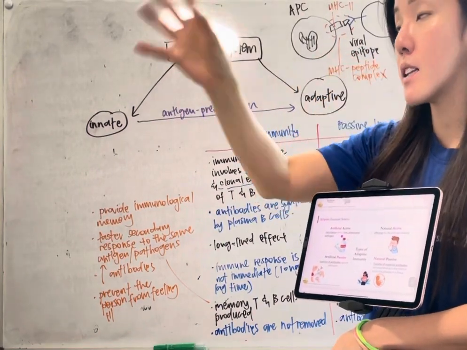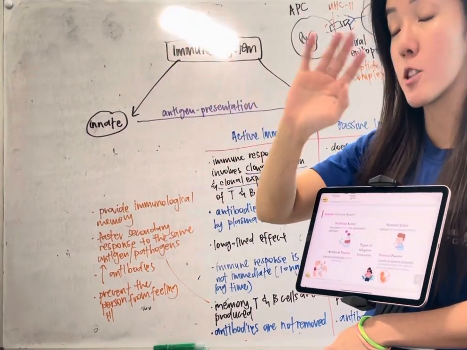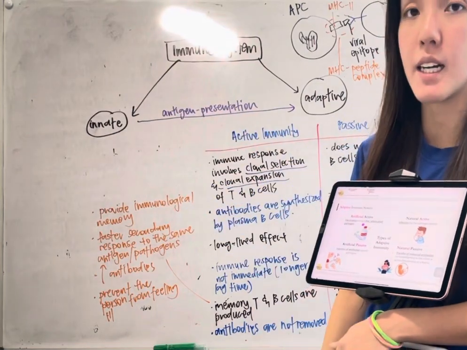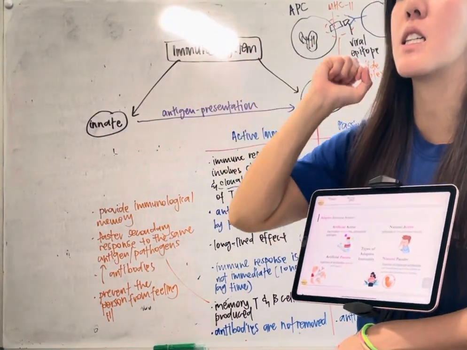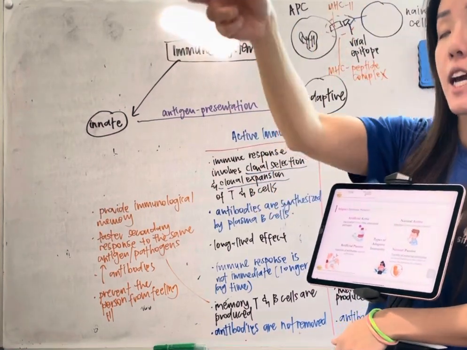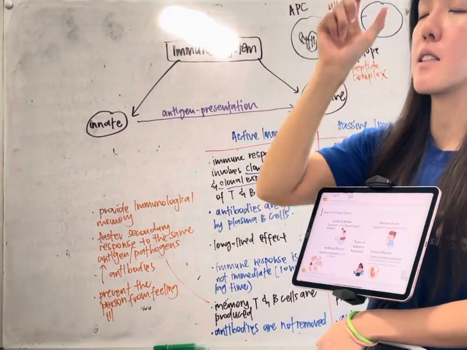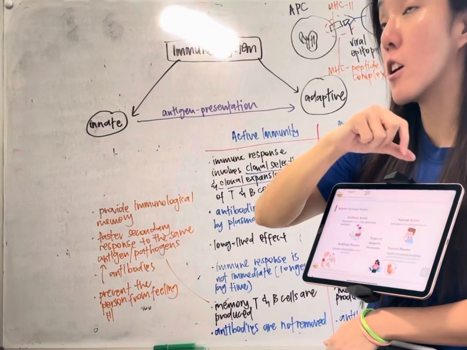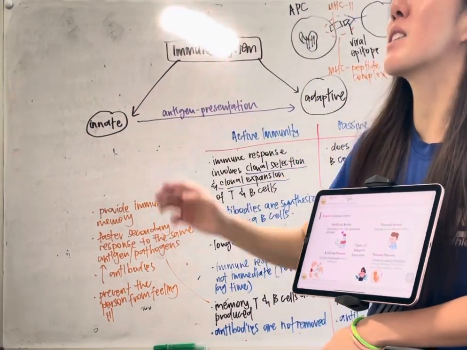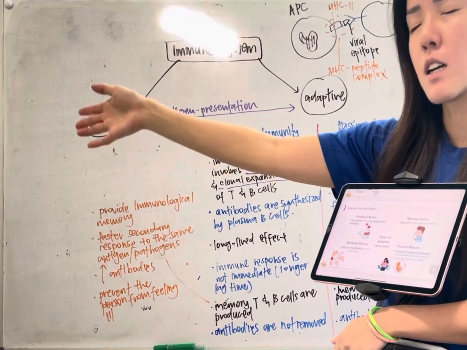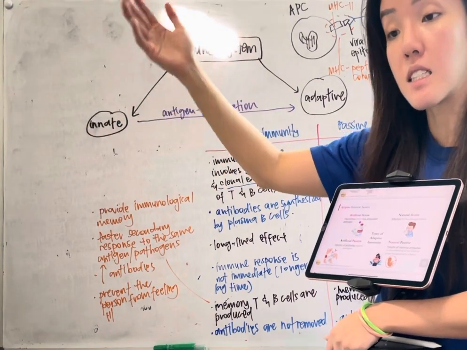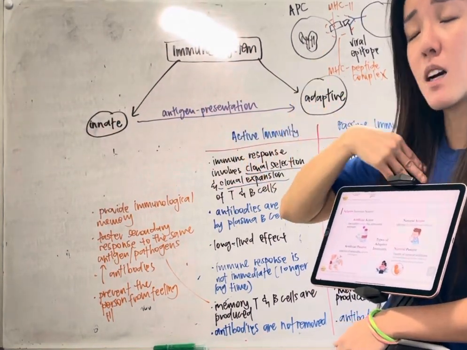This is the main thing that you actually identify, because sometimes they want you to identify what kind. But you cannot just say active and passive. You must further elaborate. Is it artificial active or natural active? Artificial passive or natural passive? As long as you see the word artificial, that means it comes from an external source.